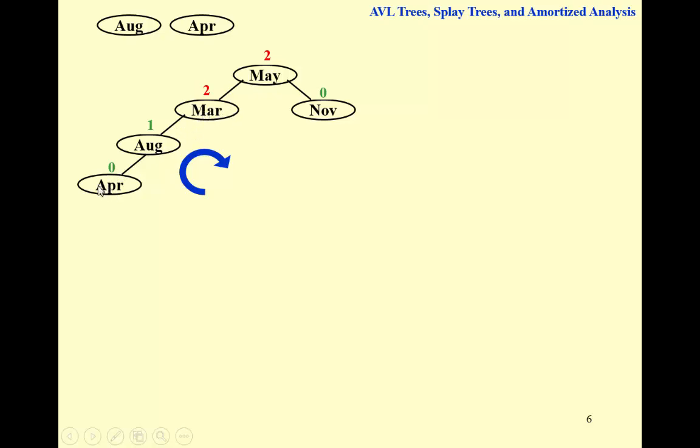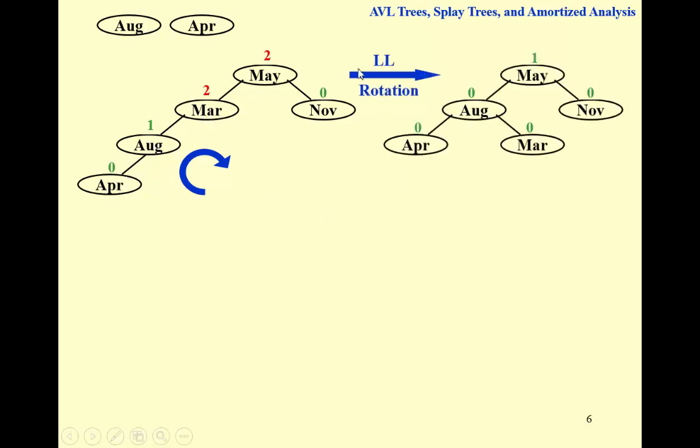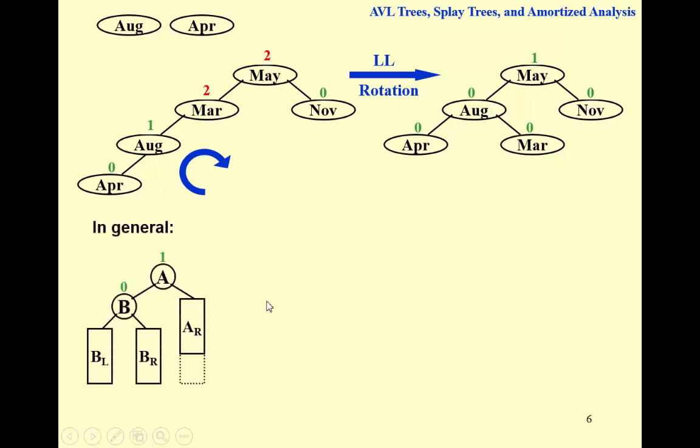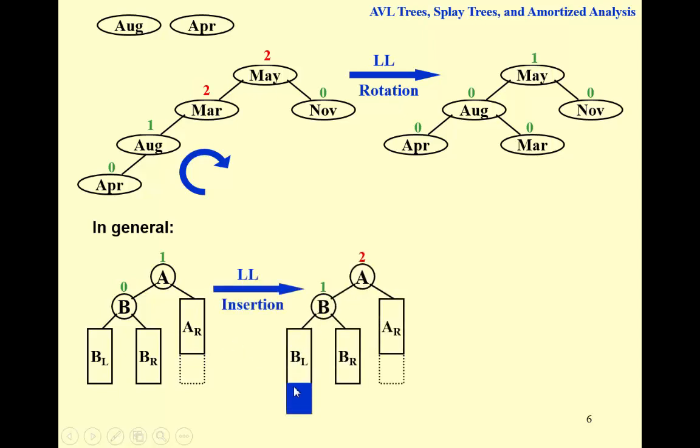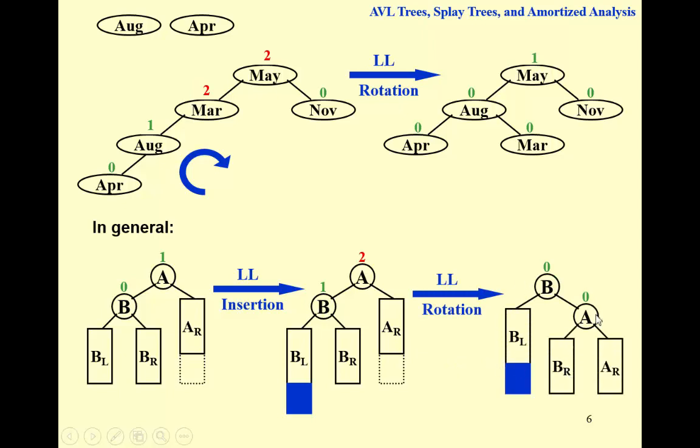Okay, since April is in the left subtree of March, this is called an LL rotation. Make August the new root and rotate March down to be its right subtree. So in general, it's very simple. Everything is just symmetric. If we make an LL insertion, that will be the result of an LL rotation.